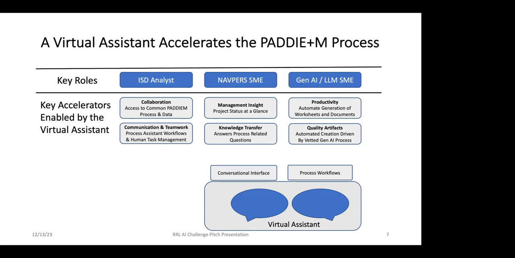And we're able to improve team collaboration, help out with knowledge transfer, and really bring to light this PGL process to generate the necessary inputs to efficiently get the outputs as quickly as possible that the PADI-M process requires, okay?